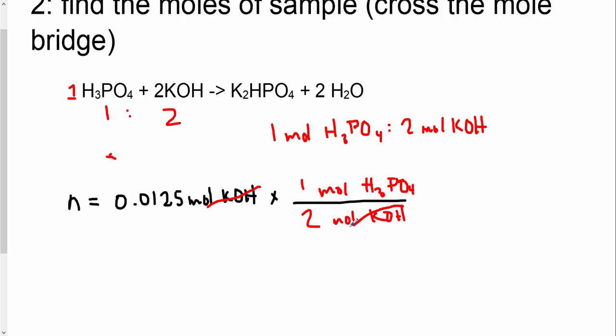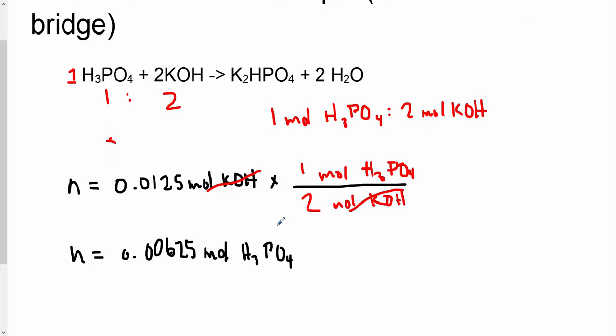So we're dividing this number by 2, and our answer is going to come out to be equal to 0.00625 moles. And now we are talking about moles of phosphoric acid, or our sample, H3PO4. And we're almost ready for the last step, which is now just to convert from moles into an actual concentration using the volume of our sample.